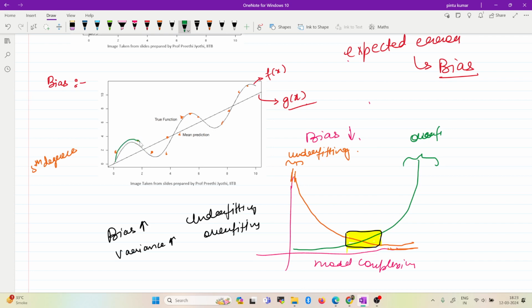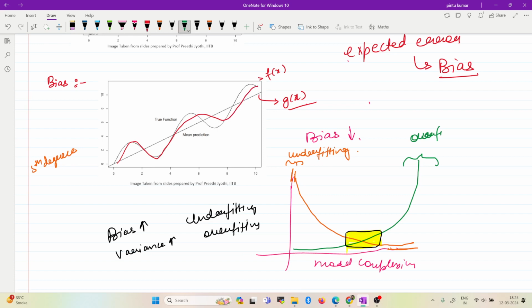It would look something like this. This green line might be a curve that you would obtain if you took a fifth degree polynomial. There can be another curve which is something like this, if you made some error. If you take the mean of these kinds of curves, you can see that the mean prediction would be close to your true function.